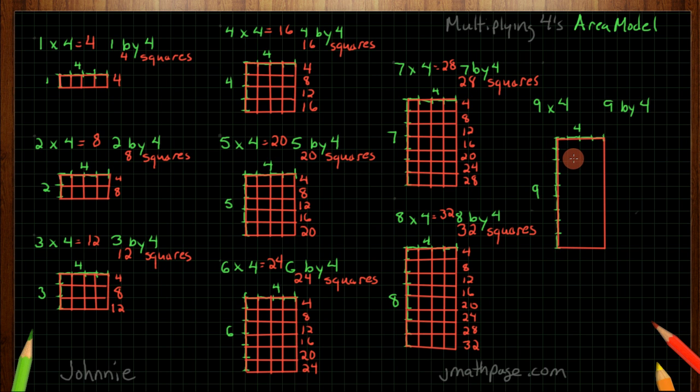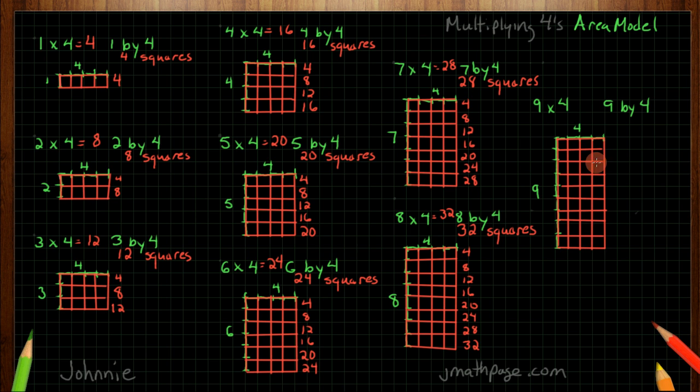All right, now we need to find out how many squares are inside. Let's build our columns. 1 column, 2 columns, 3 columns, and 4 columns. How many rows? 1, 2, 3, 4, 5, 6, 7, 8, and 9.